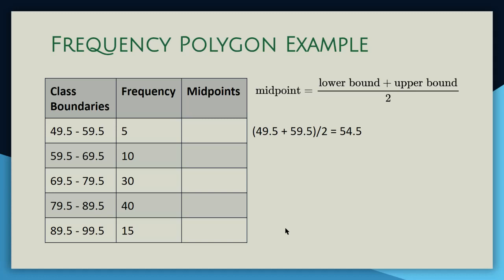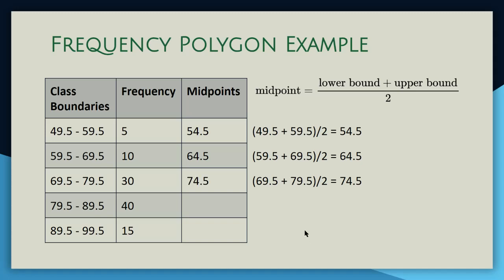So 49.5 plus 59.5 divided by 2 gives us 54.5. Next one, 59.5 plus 69.5 divided by 2 is equal to 64.5. And as you continue this process, 69.5 plus 79.5 divided by 2 gives you 74.5.